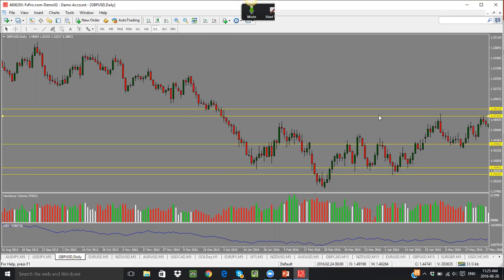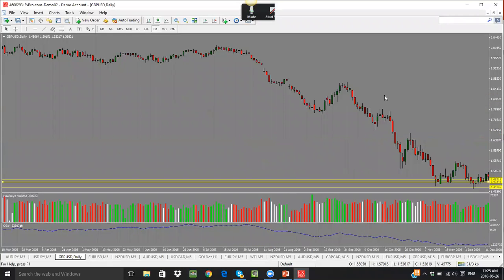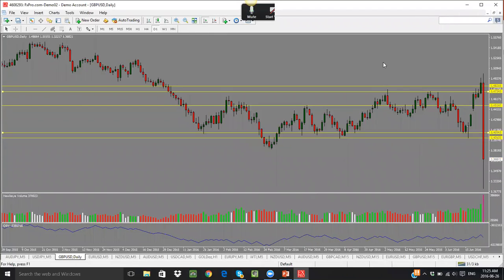So looking at just the range bound market here, this is a range bound market right here. Let me see if I can find a better one.